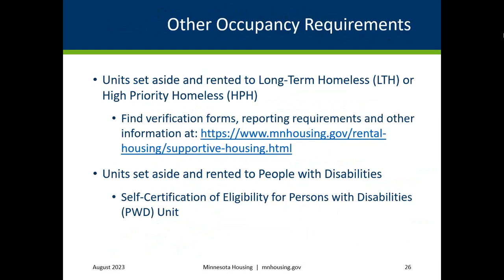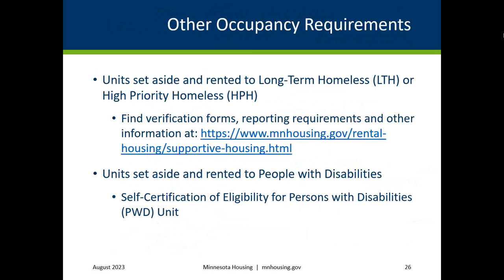For existing properties with LTH units, in the 2018 application for multifamily capital funding, Minnesota Housing changed the eligibility criteria for supportive housing units from LTH to HPH. Existing properties with units restricted to serving LTH households may use the HPH eligibility criteria instead of the LTH eligibility criteria. For more information, refer to the HPH eligibility change information and FAQs and the training slides, all found on the service provider webpage.